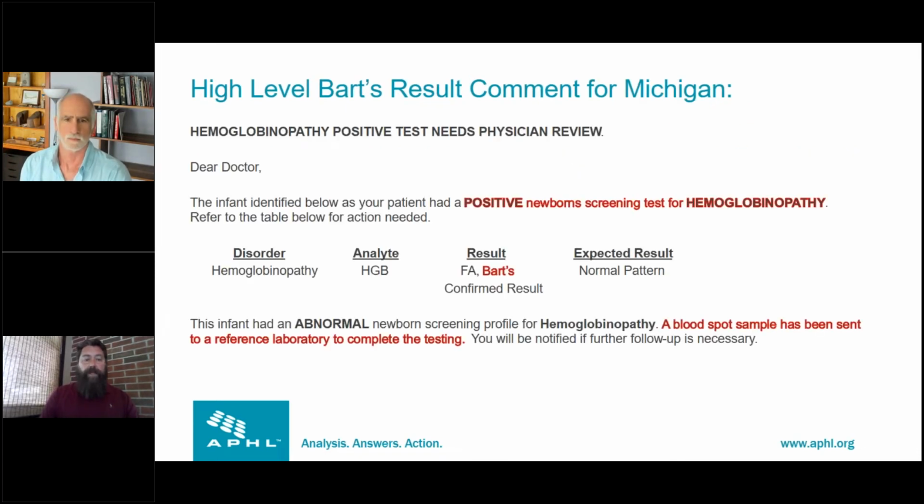This is Michigan's. They have a little different format of how they do it, but basically it says the same thing: positive hemoglobinopathy screen with BARTS, and a blood spot has been sent to a reference laboratory to complete the testing.